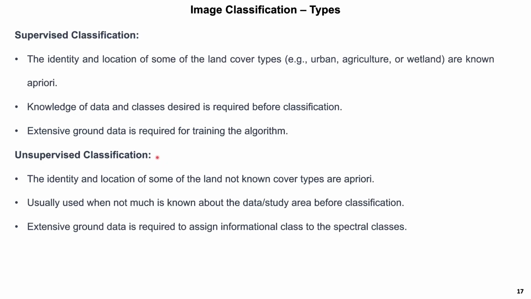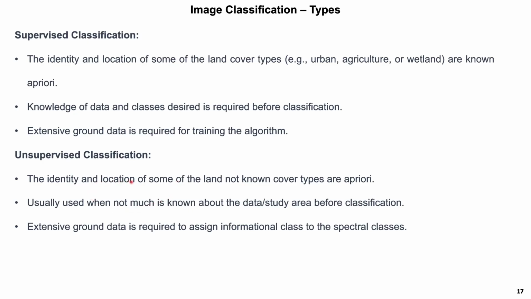But in unsupervised classification, we don't know what classes are present in our study area. We are not familiar with the study area, and you also don't have any means to go and collect your ground truth data.